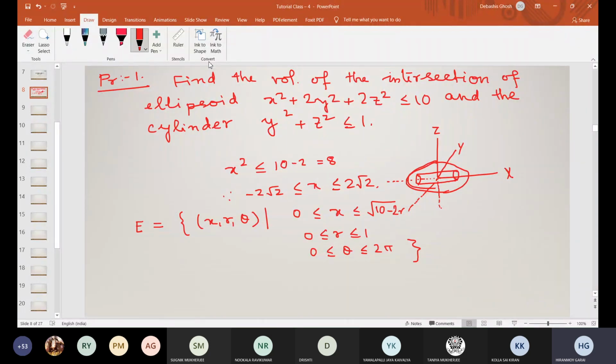By that change we get this range, and therefore the volume can be computed from 0 to 2 pi, 0 to 1, 0 to under root of 10 minus 2r, then r dx dr d theta.